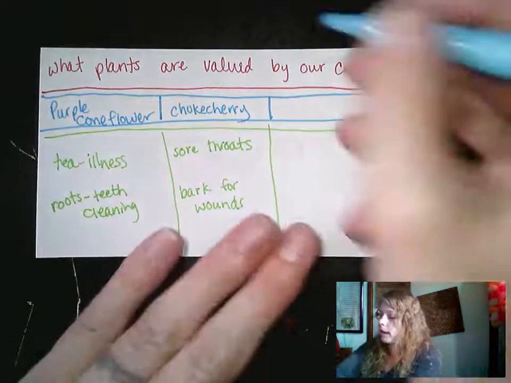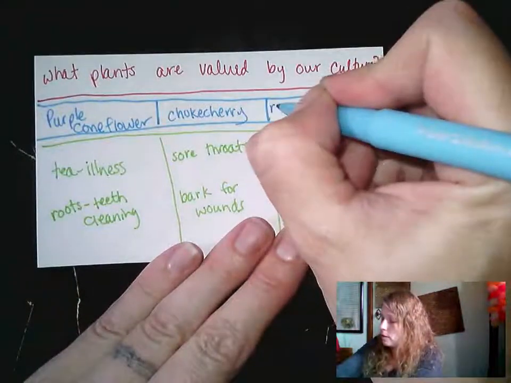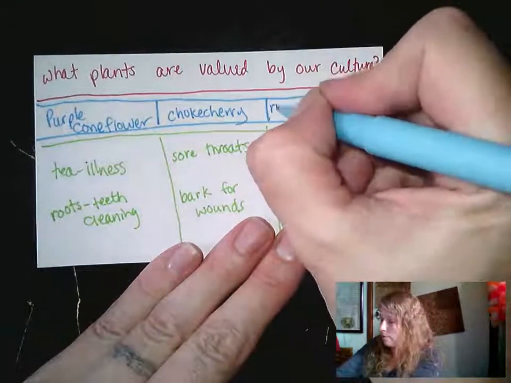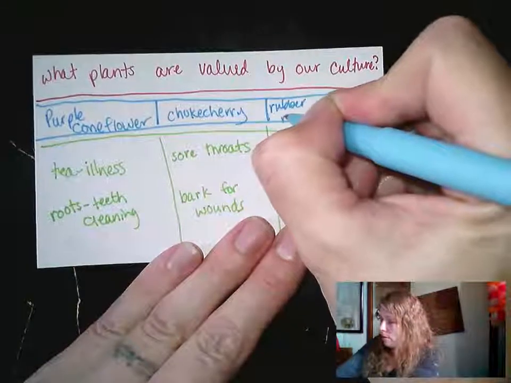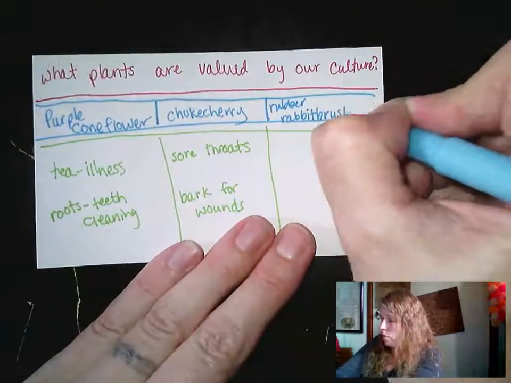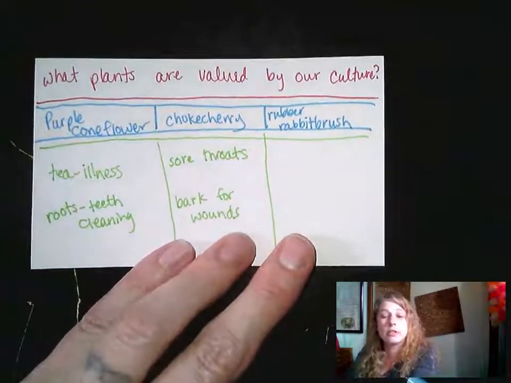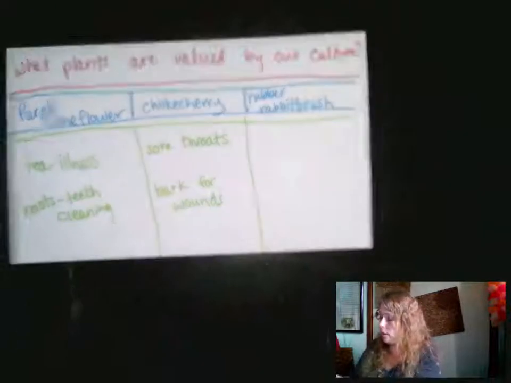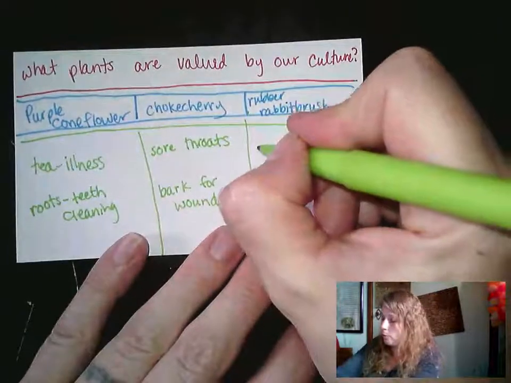A 3rd plant that we're going to talk about is rubber rabbit brush, because it grows everywhere. And rubber rabbit brush had quite a few different uses, but one that is notable is that it helped prevent erosion.